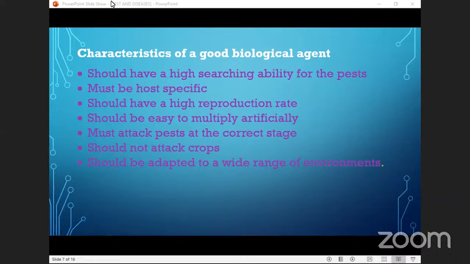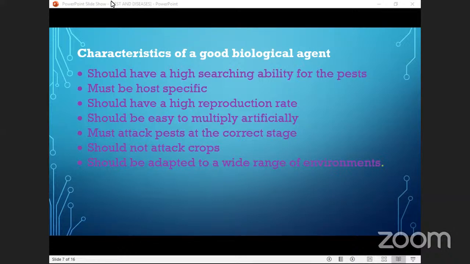Here we mean that if you have a chicken, the chicken goes to the garden, it feeds on locusts, it feeds on grasshoppers. You can multiply the hen properly in a short time artificially by hatching its eggs. So if the agent does not multiply easily, it's not suitable to act as a biological agent.